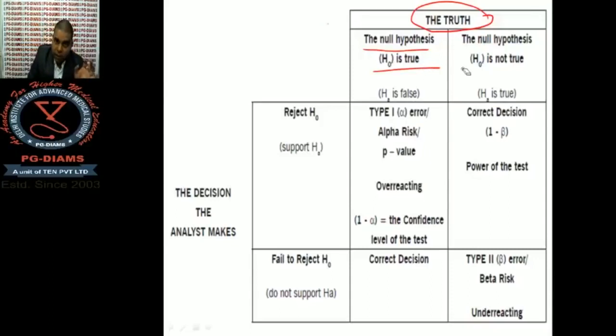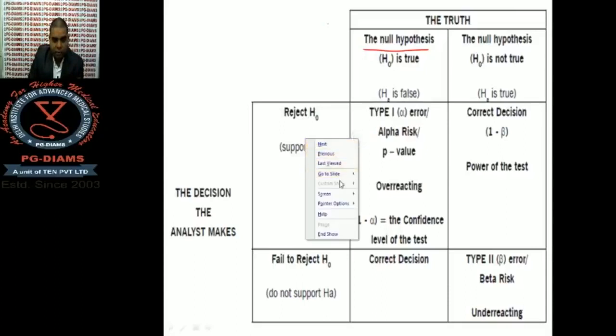This was null hypothesis. So if in reality the truth is both the experiments are the same, but I rejected the null hypothesis, I said that my experiment is better than the previous experiment, then it will be a type 1 error.